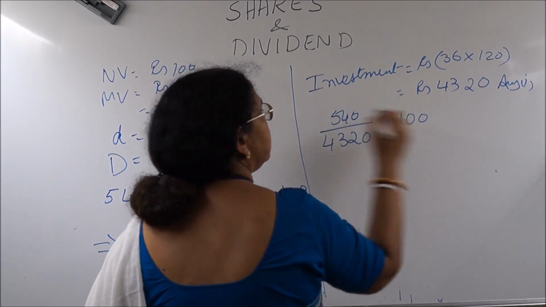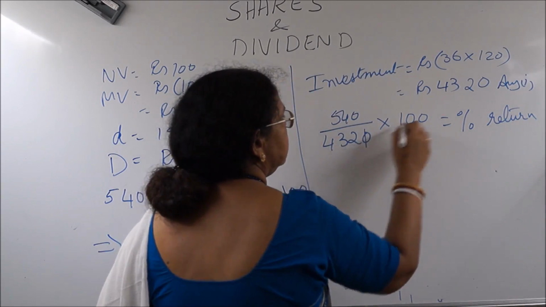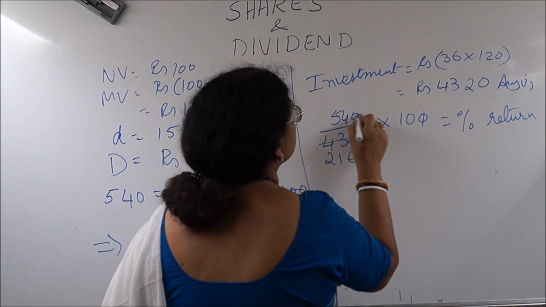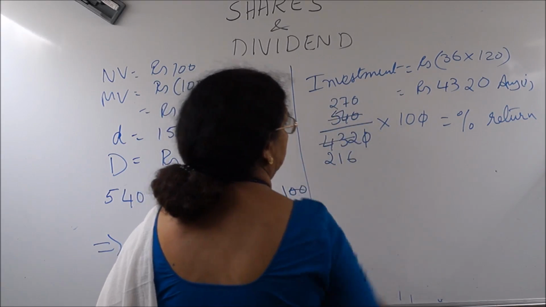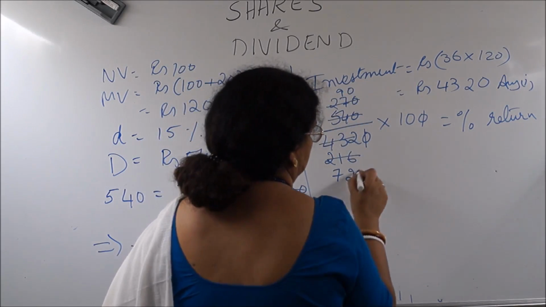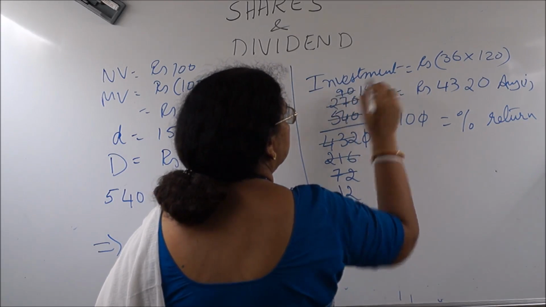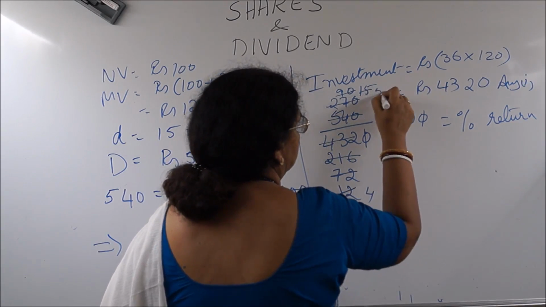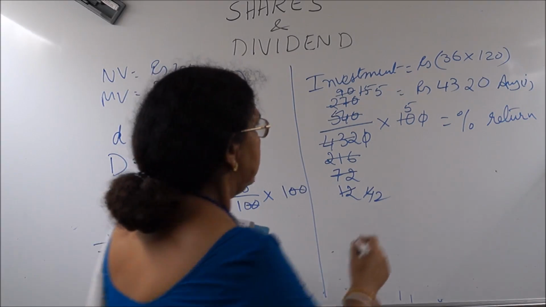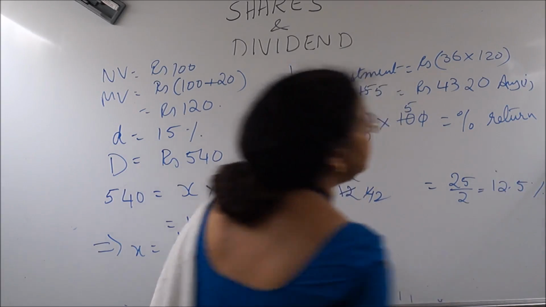So the percentage return is that is 25 upon 2, that means 12.5% is the rate of return.